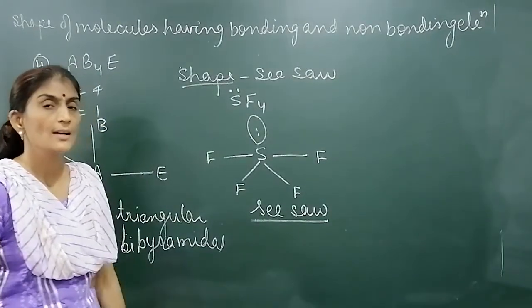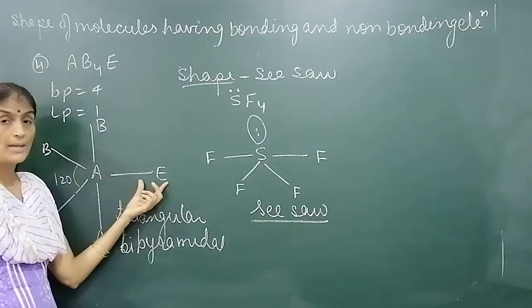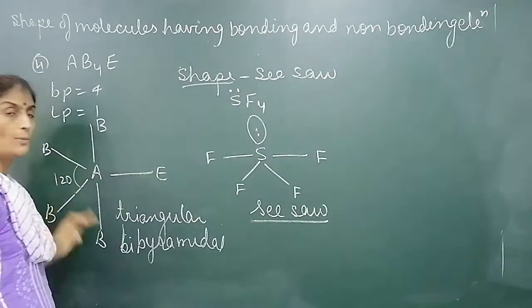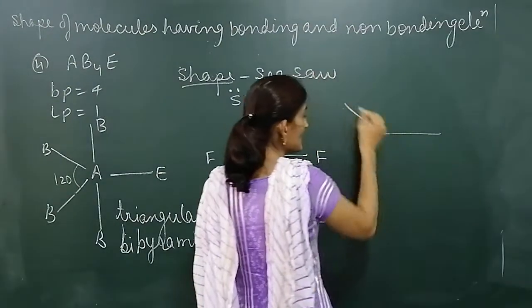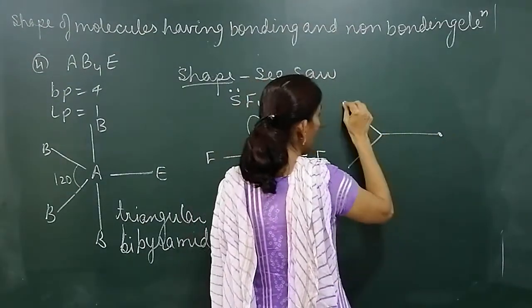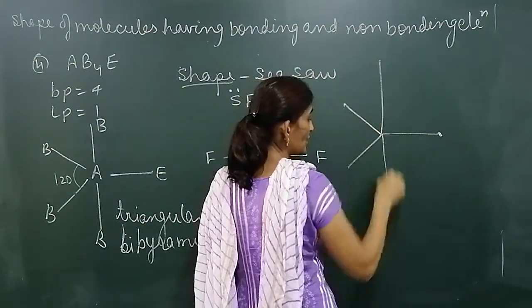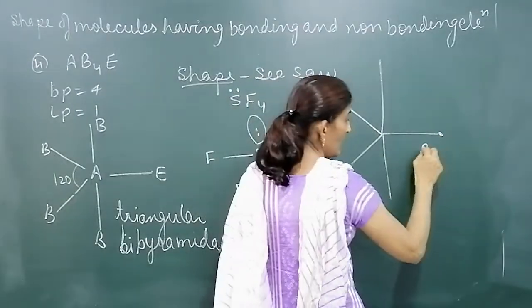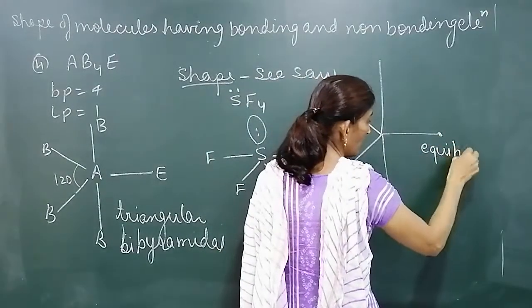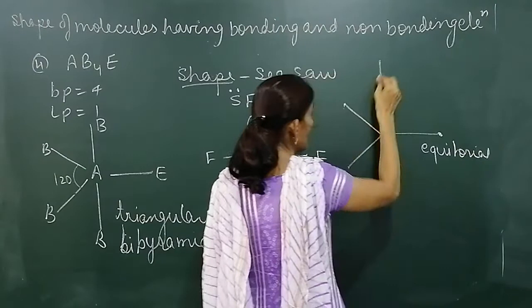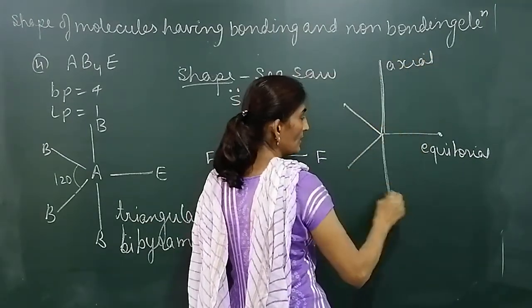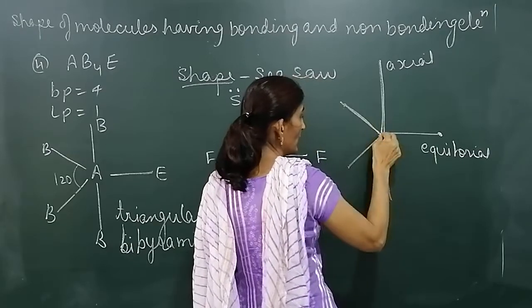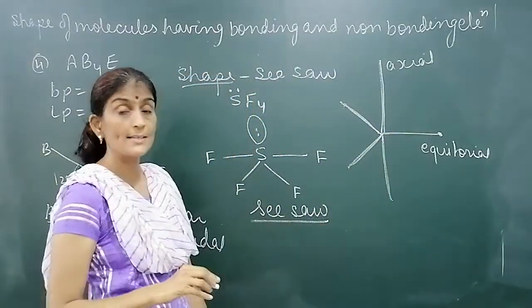Now the question is, why is this lone pair arranged at equatorial position? In the triangle, these places are called equatorial position and these are called axial position. This is equatorial and this is axial. Above and below the plane, the bond is called axial bond and these bonds are called equatorial bonds.